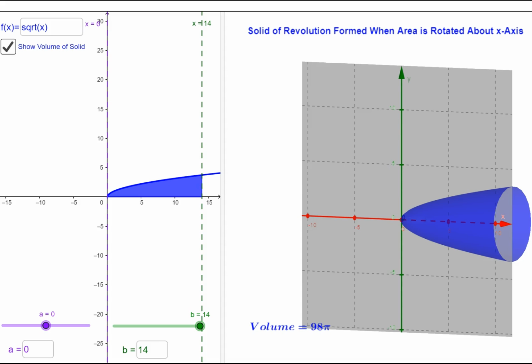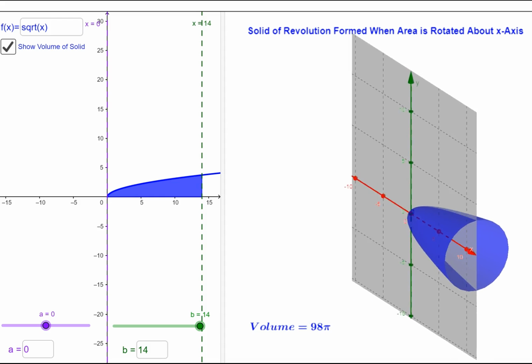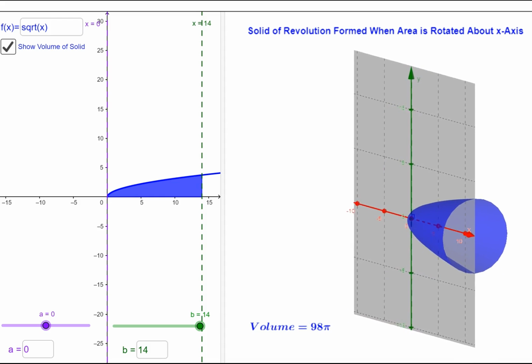So if we were looking at the curve from 0 to 14, and we took all the values of the function, rotated them around the x-axis, I'm just going to swivel it a little bit more, you can actually see that we generate this solid.